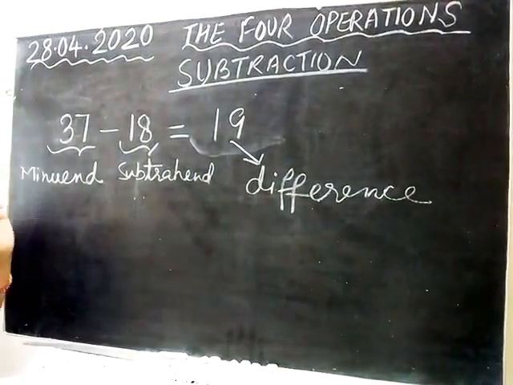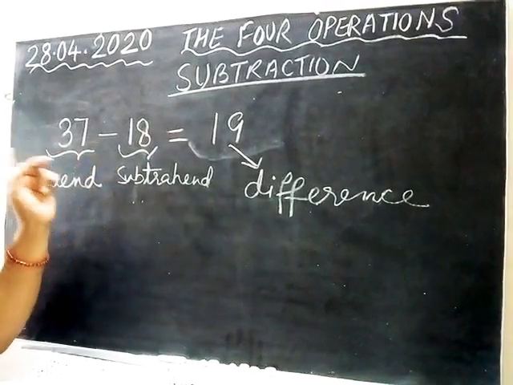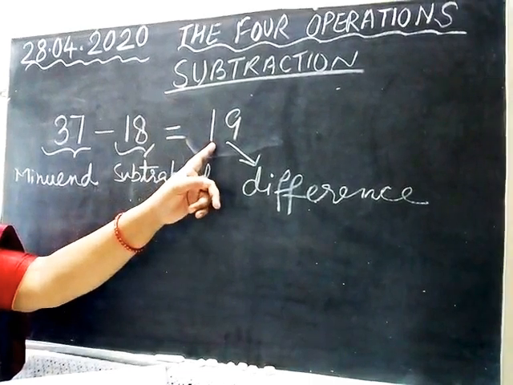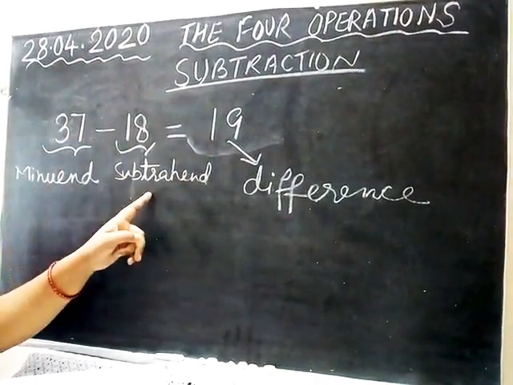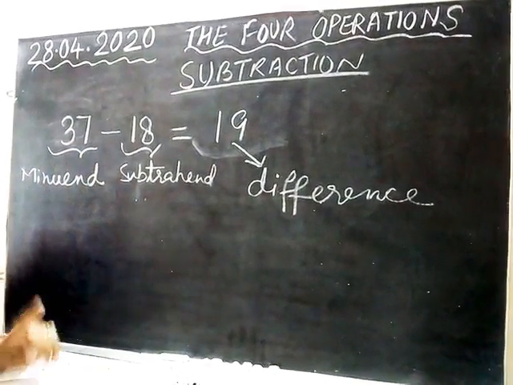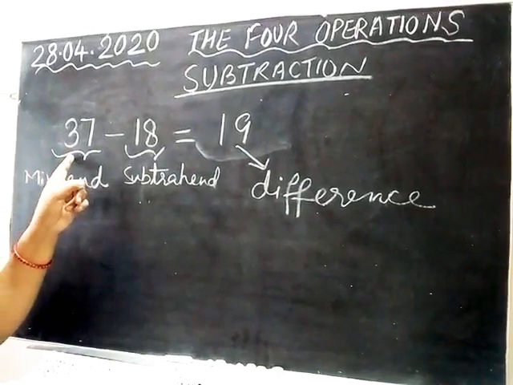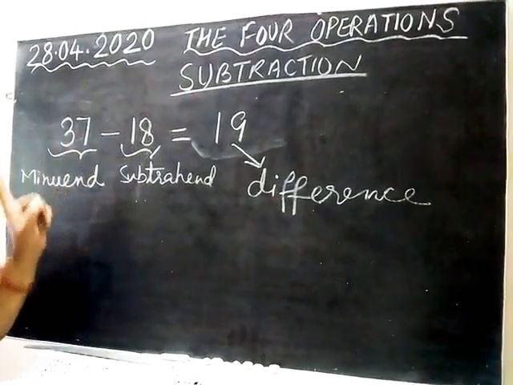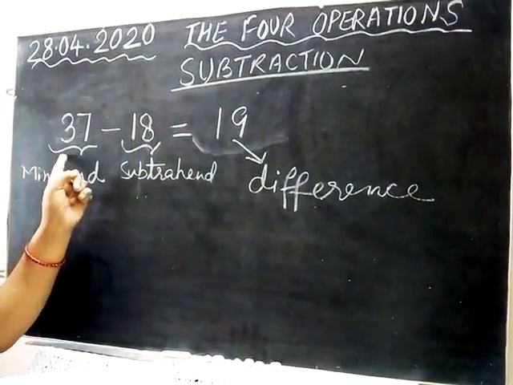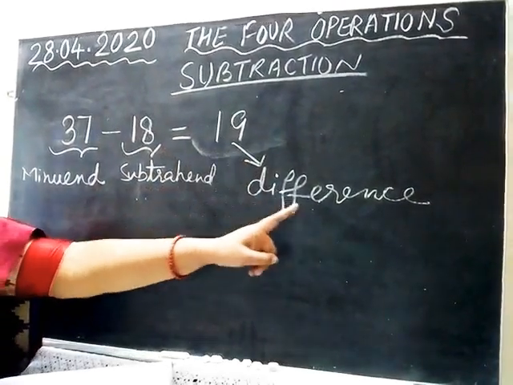So this you need to learn, children. In addition also I taught you the numbers which we add are addends, and the answer which we get is called sum. Here both are not the same. In addition, both the numbers have the same name, but here they have different names. The number from which another number is subtracted is called minuend, and the number which is subtracted from the greater number is called subtrahend. The answer which we get after subtraction is called difference.